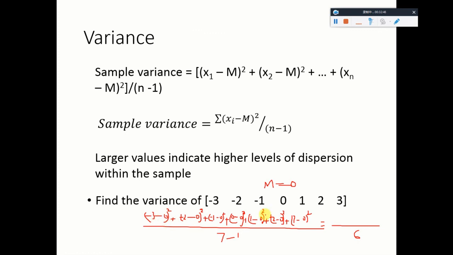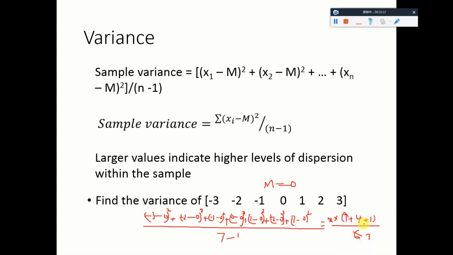So here is 9 plus 4, right, plus 1. And then there will be a second set of 9 plus 4, plus 1, because here it's 1, 4, 9. Okay, so just times 2 here. But then if we divide 6 by 2, we'll be left with 3 here.